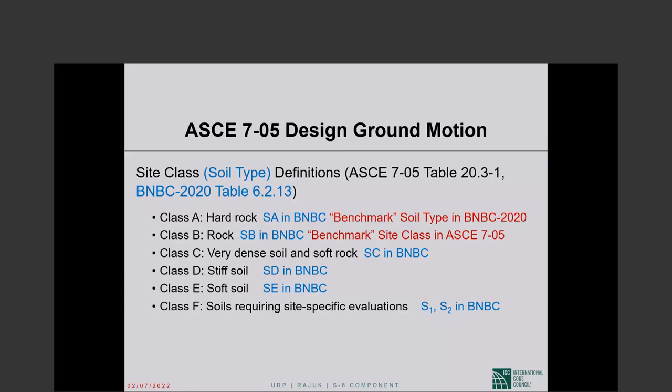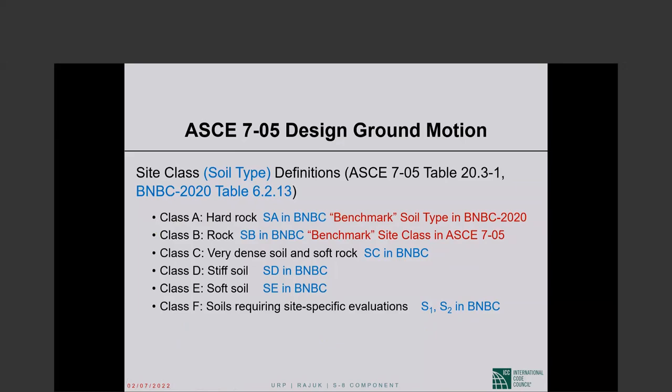Now, what is site class A in ASCE 7 is soil type SA in BNBC, B is SB, C is SC, D is SD, and E is SE. The site class F, on the other hand, is not SF. It has been divided into S1 and S2 in BNBC.